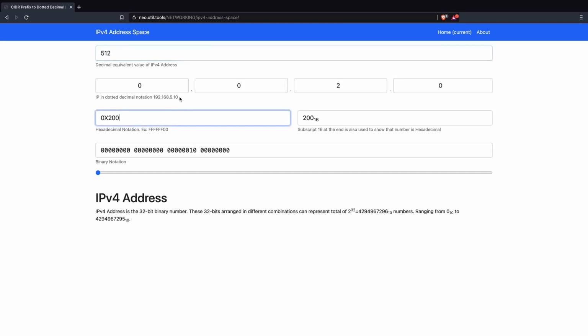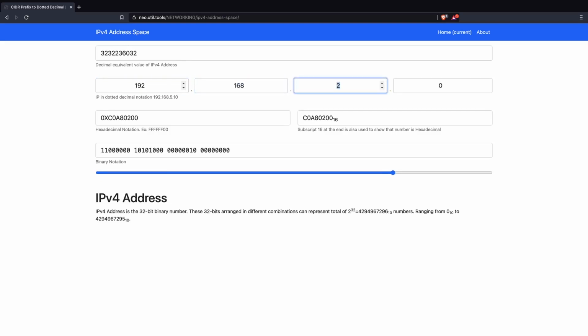You can see the difference here also in hexadecimal notation. After 1FF, what is the next IP? 200. Let me enter some random IP, 192.168.5.11. This is random.